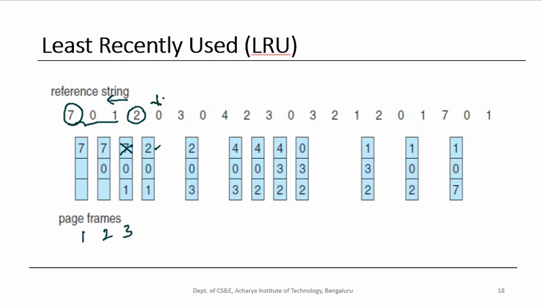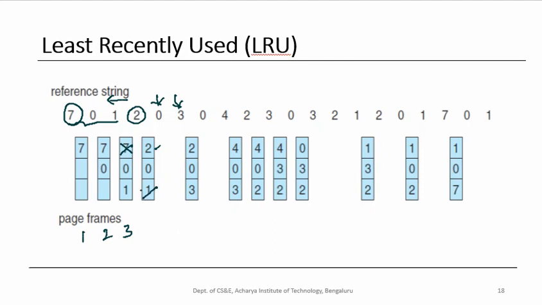Now there is a request for 0, but 0 is already there in the main memory. Then there is a request for 3. 3 is not there in the main memory. Now which page will you select as a victim page to put the page 3 into the main memory? Now if you see, there was a reference for 2 and there was a reference for 0 in recent time, but the 1 is the page which is residing in the memory and least recently used.